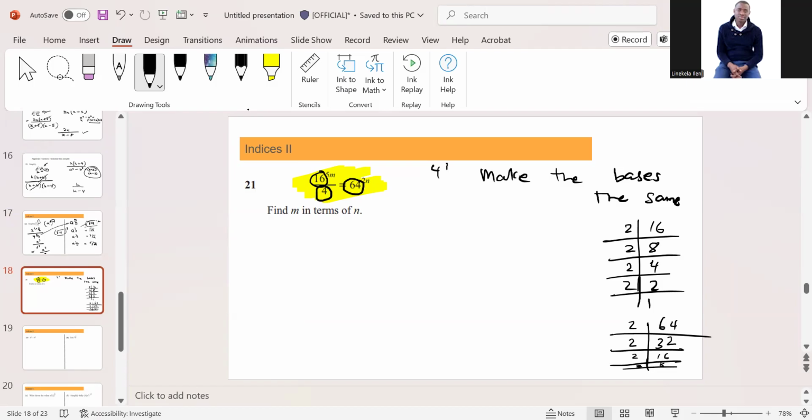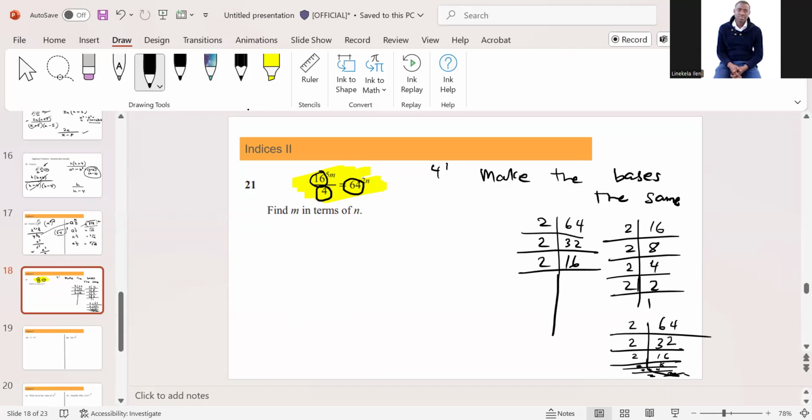And then you go again. 2 into 8 is 4, 2 into 4 is 2, and 2 into 2 is 1. Maybe just rewrite this elsewhere, perhaps here, just for it to be clear. You will see why I'm doing this at a later stage, so please bear with me.